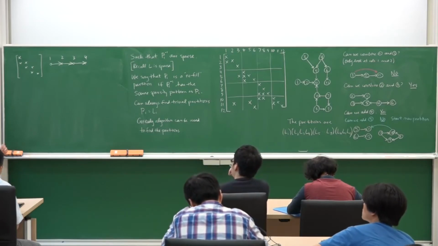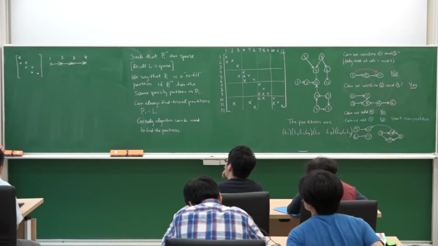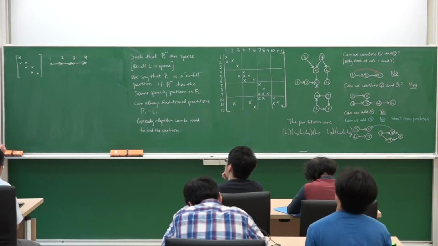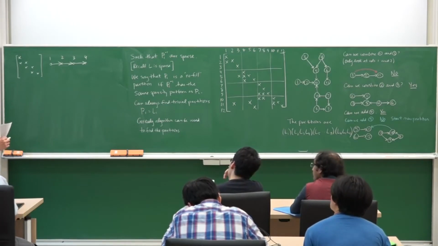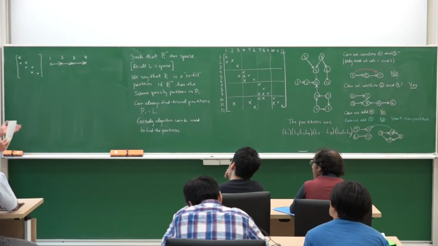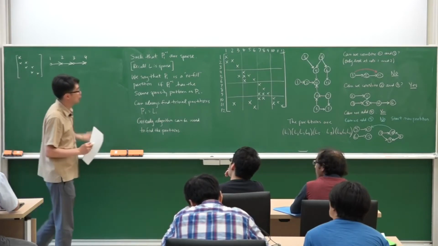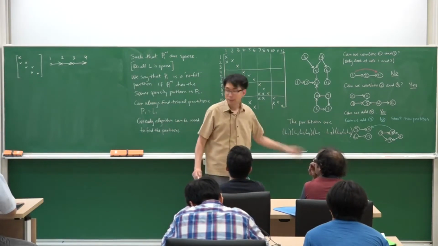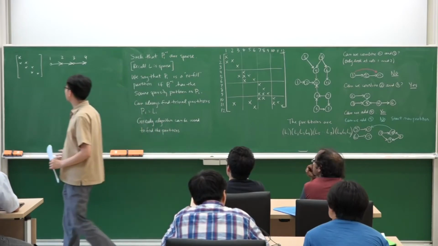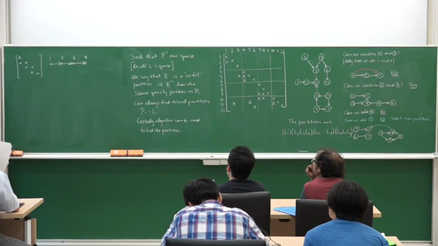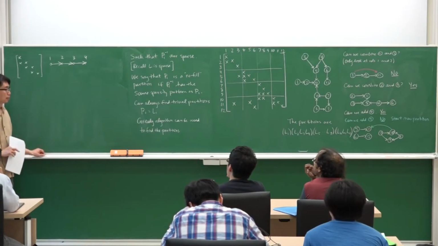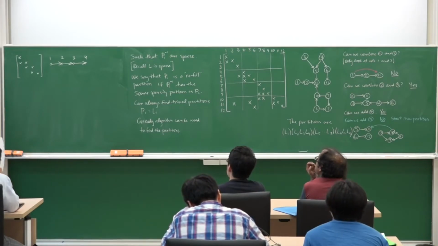Okay, and what do you think? What are the partitions? So you may start to get good at looking at what the partitions are because you saw this graph, right? So can we combine 1 and 2?